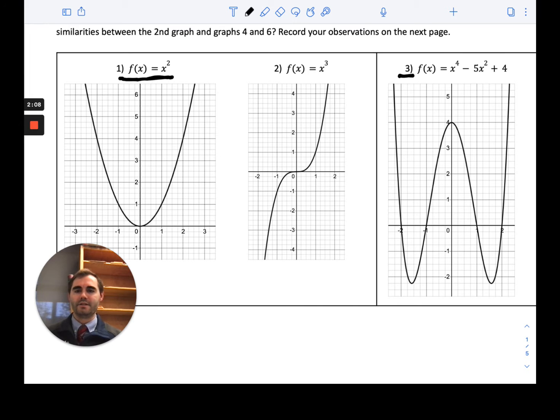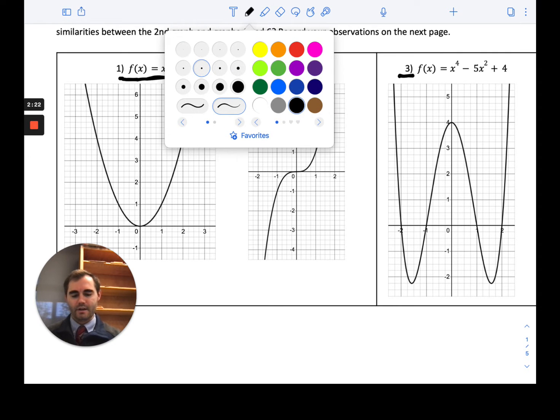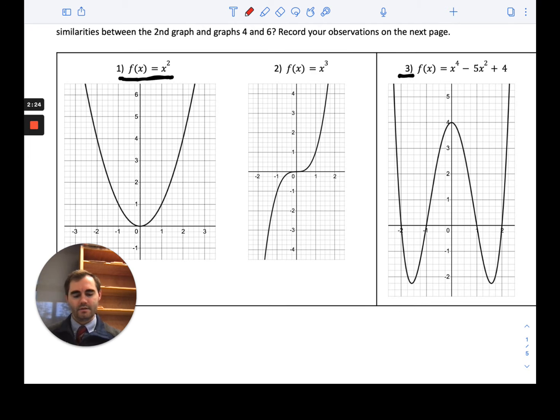Okay, hopefully you've had a moment to reflect on those. I don't know if you noticed this, but I'm going to point it out. When we looked at these graphs, one thing we may have noticed is that with our x squared graph, this number 1 graph, the graph is going up in this direction, and it seems like it's going to go on forever as we go up.